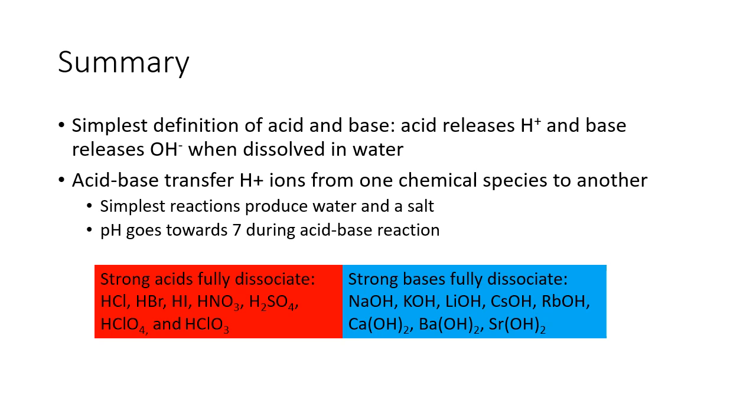Strong acids and strong bases fully dissociate, and we have a list of both of them that you will need to know. For the bases, you can just remember that it's anything OH combined with a group 1 or group 2 cation.